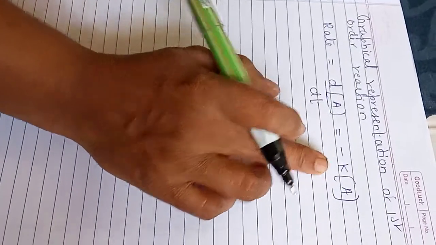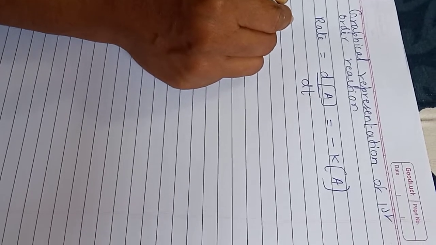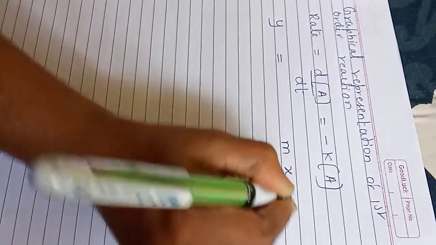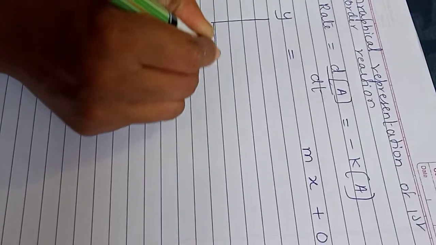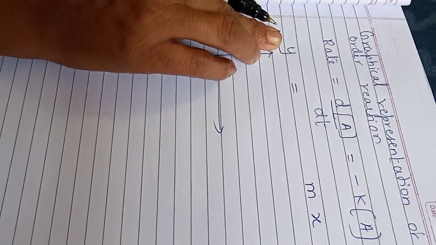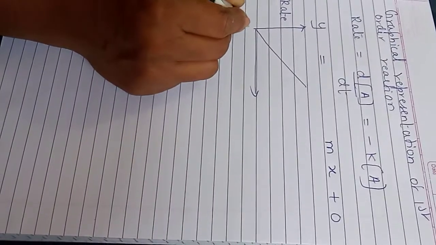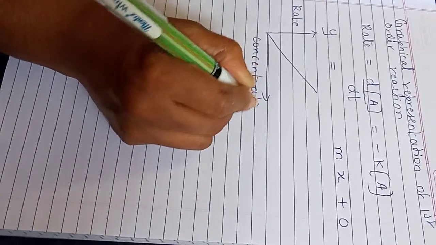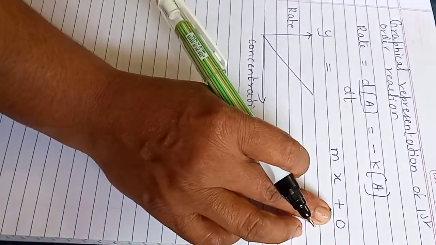K is the rate constant here, such that students, when you plot a graph, y is equal to mx plus 0, look carefully. When you plot a graph of rate along the y-axis against x, that is concentration, you get a straight line passing through the origin because intercept is 0.